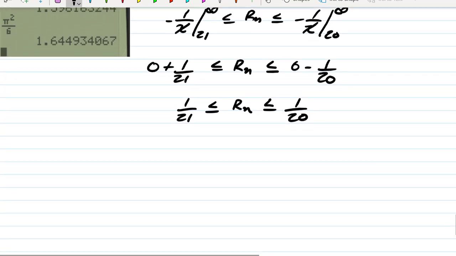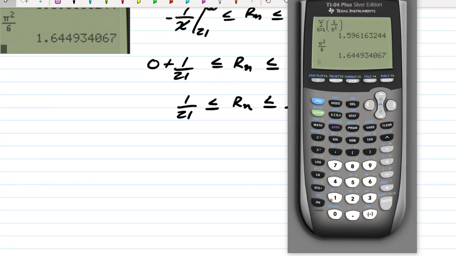So if we were to approximate those values, 1 divided by 21 is 0.047, and 1 over 20 is going to be 0.05.